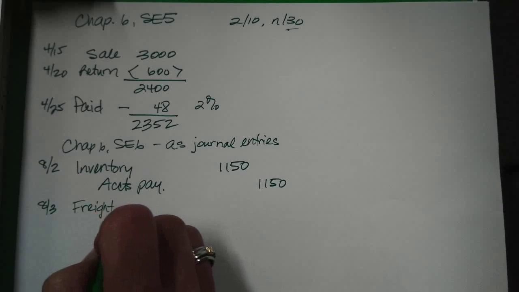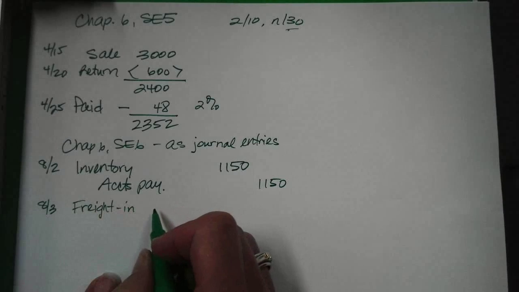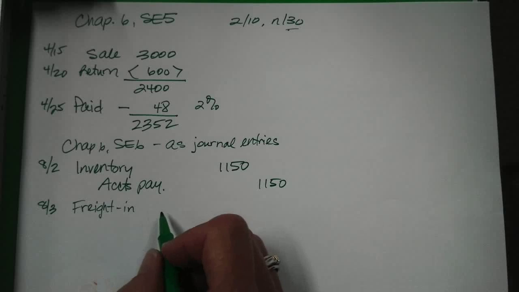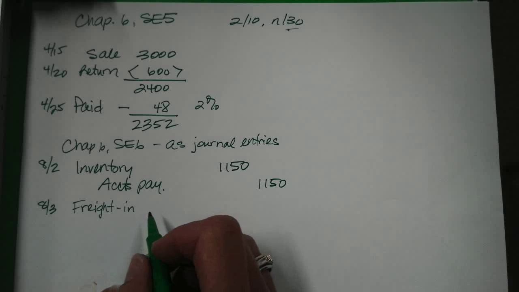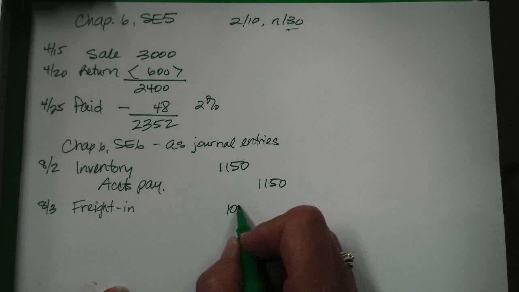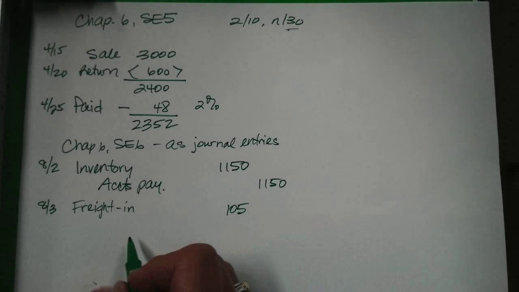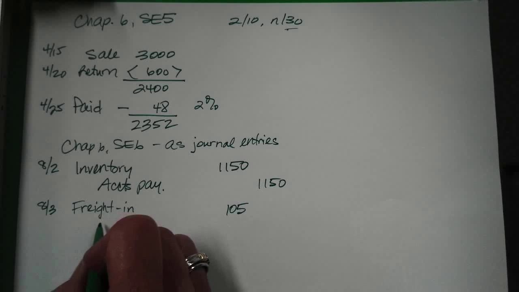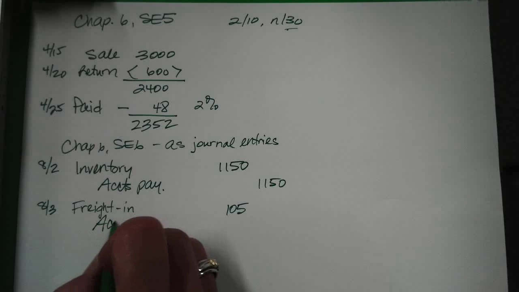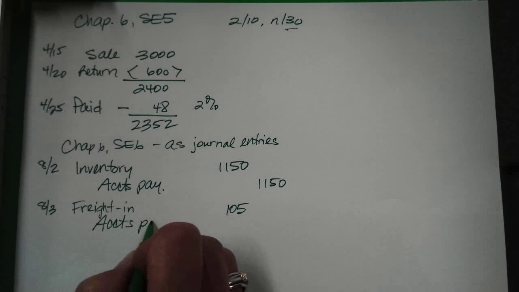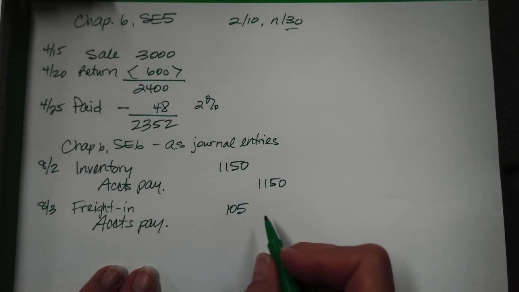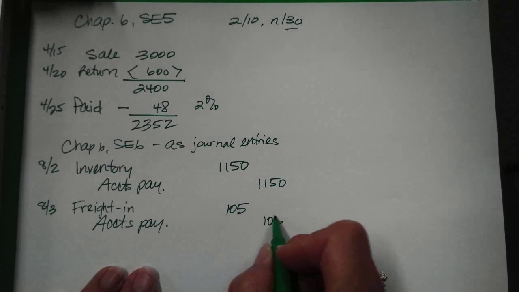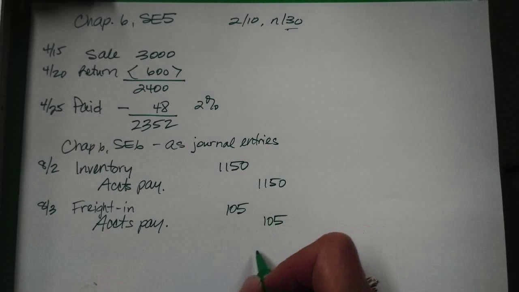Now, I will warn you that you might go to work for an employer who puts their freight right into the inventory cost and considers it a direct cost, attached to those direct items. Lots of people don't do that because then it's hard for you to see exactly what you pay per item. You would have to calculate that. Most people still use freight in, even in the perpetual method.